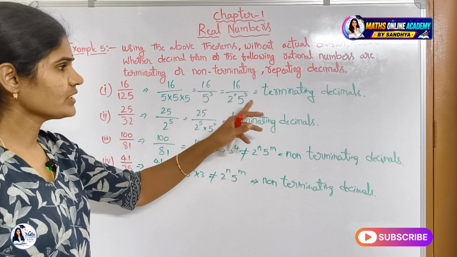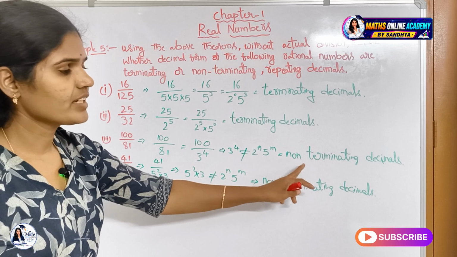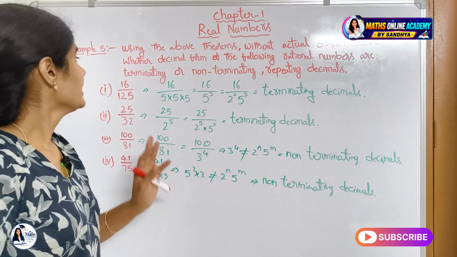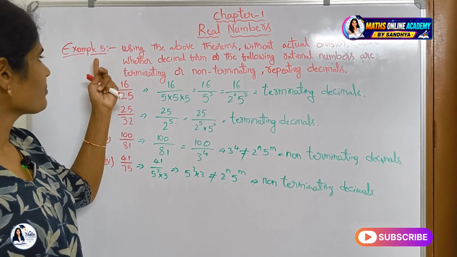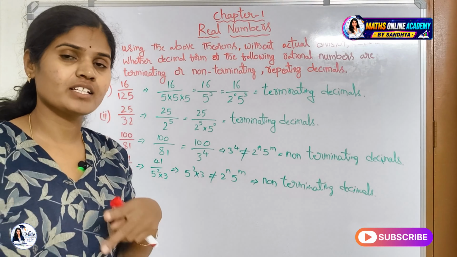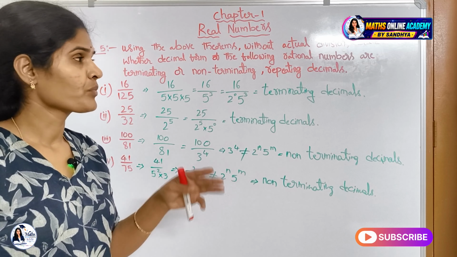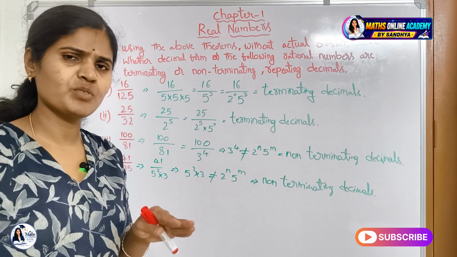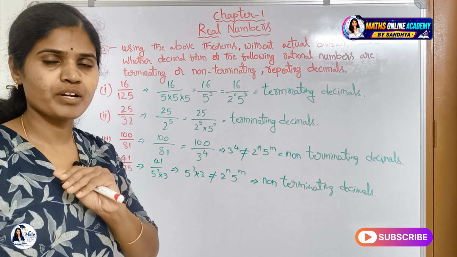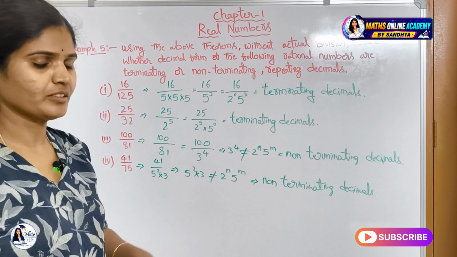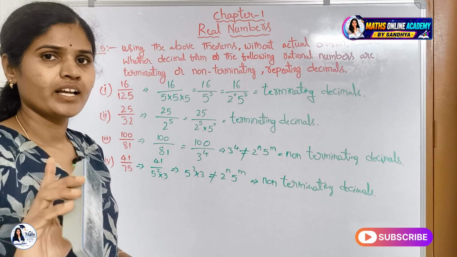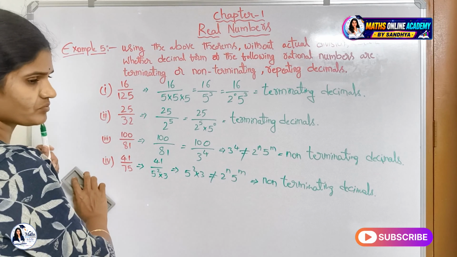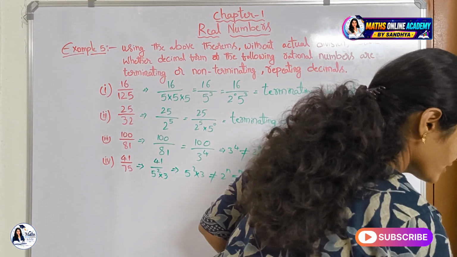By using that only, we say terminating or non-terminating. This is example 5, and the next one is example 6. Using examples 5 and 6, you can solve all of exercise 1.3. Okay. Next one is example 6. What is example 6?